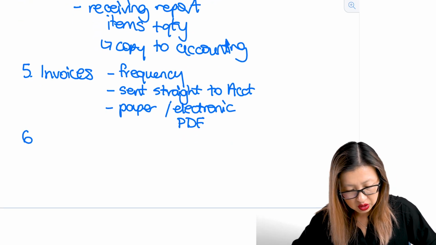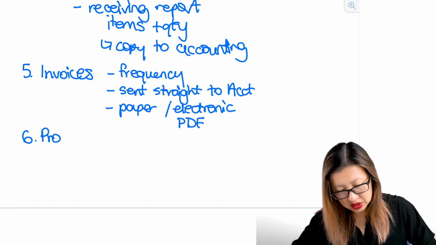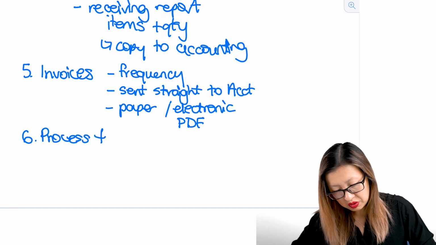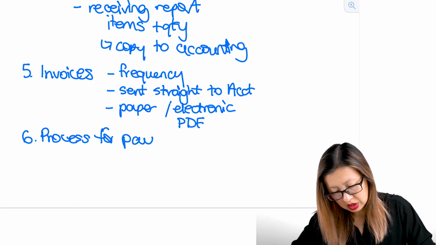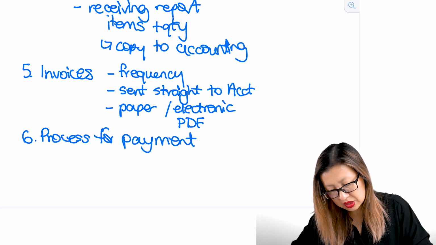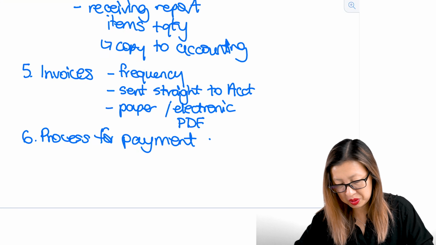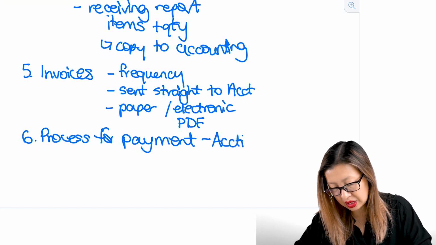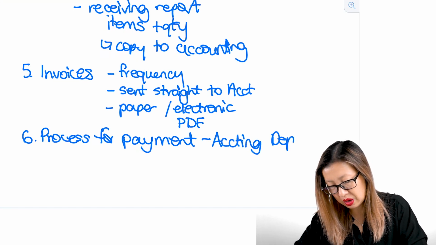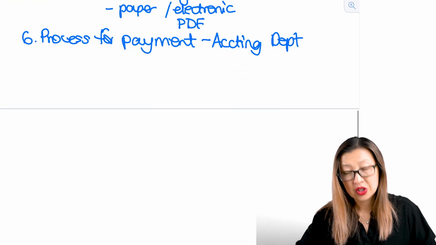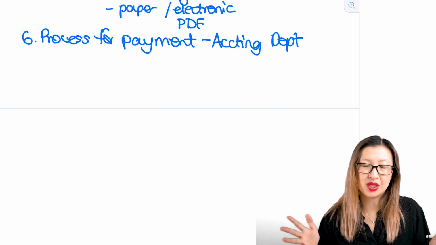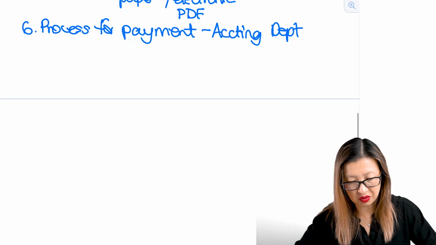Then we have to have a process for payment. And this is where it gets a little bit, not more complicated, but there's many more steps here. And this is done by the accounting department. All right, so the accounting department is going to receive 3 pieces of information.